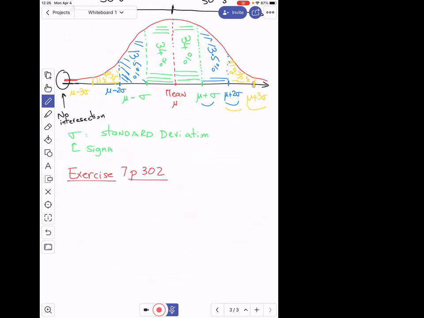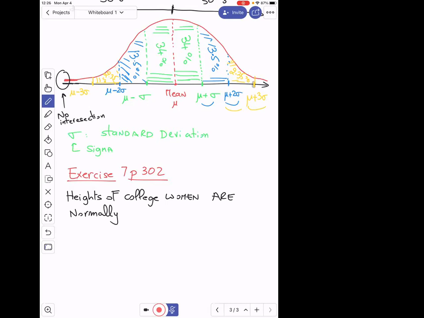It says the following. You assume that the heights of college women are normally distributed with mean. So when you see in a problem normally distributed or normal distribution, it means that of course you're going to use the fact that your distribution is a normal distribution, right?